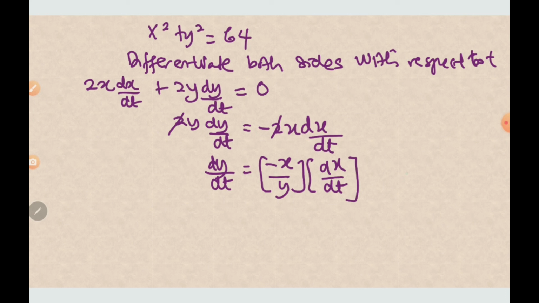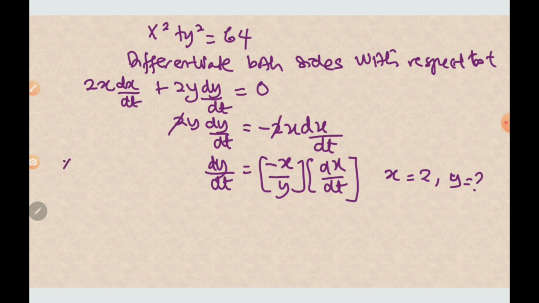And the question asks, what is dy dt? Dy dt is how fast is the top of the ladder moving down. So when x equals 2 meter from the base, so x equals 2, you need to find out what is the value of y when x equals 2.